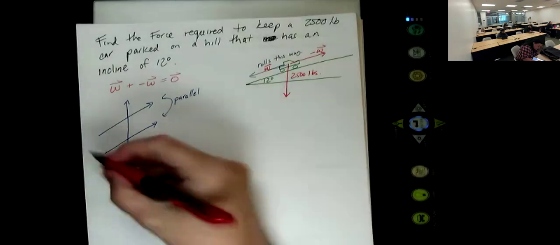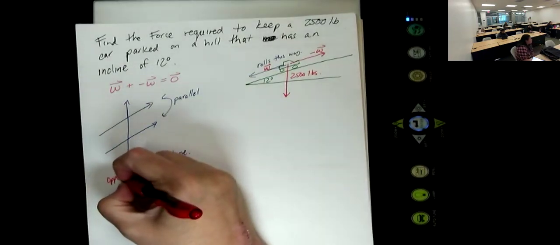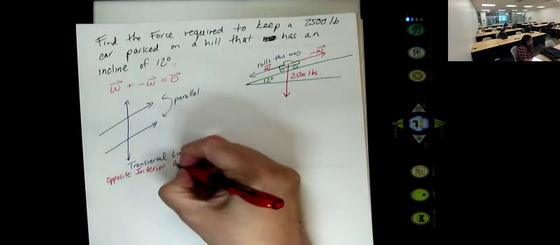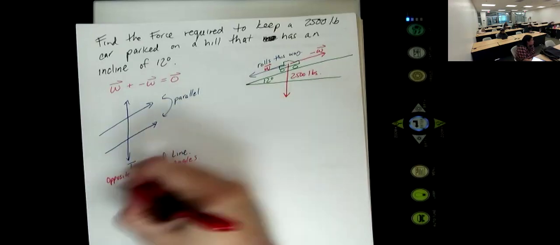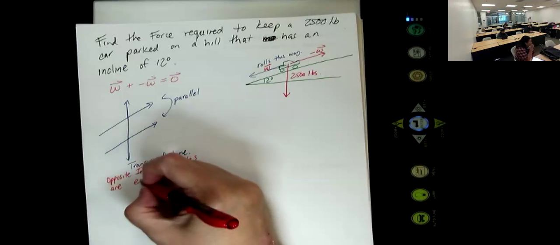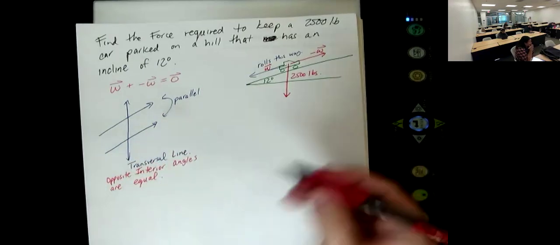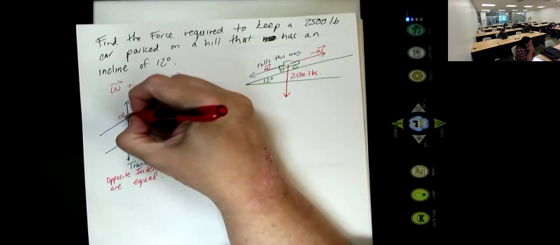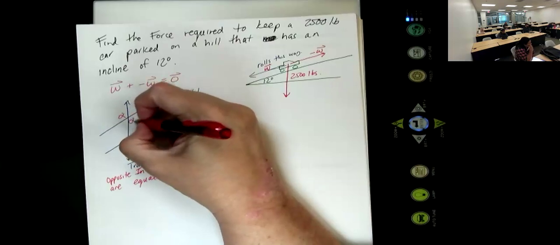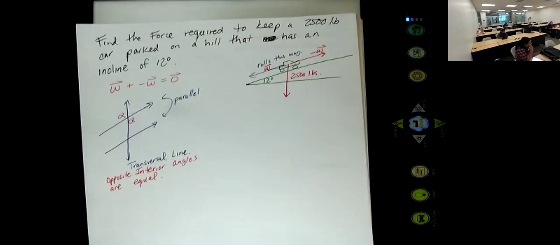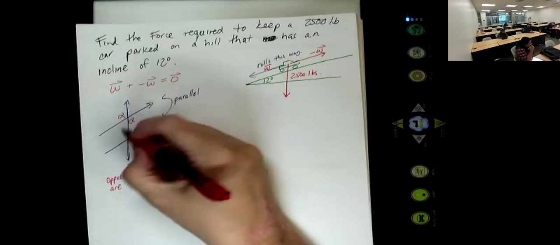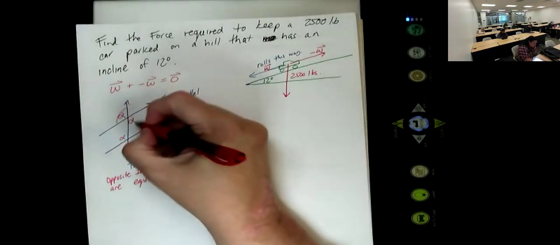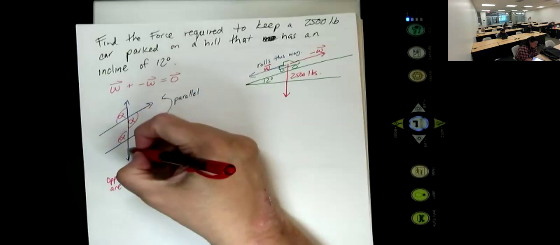But opposite interior angles are equal. So if I call this angle alpha, then this is angle alpha. But since they're parallel, this is angle alpha. And that makes this angle alpha.